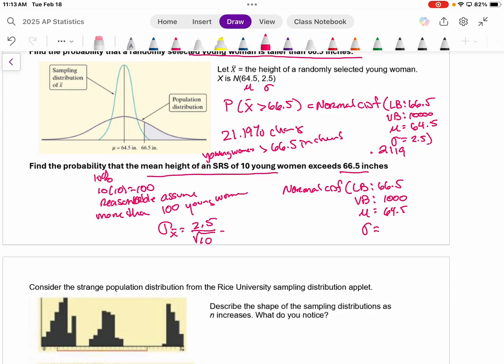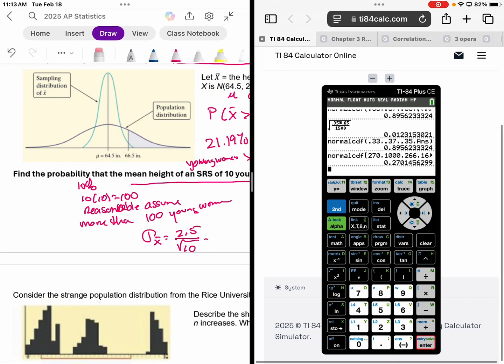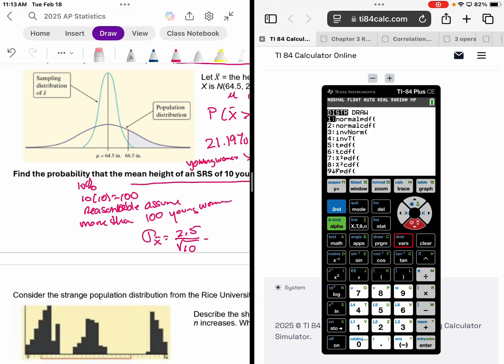My standard deviation is now that fraction. Again, if you want to make it a decimal, that's fine. Just make sure you use all the decimal places. That's what you've got to make sure you do. So, normal CDF. I'm going to start typing in my stuff.